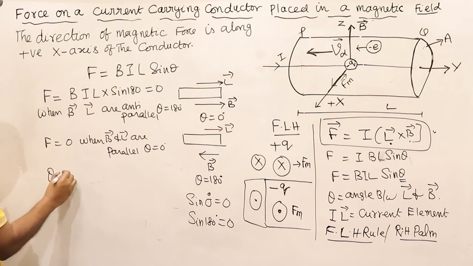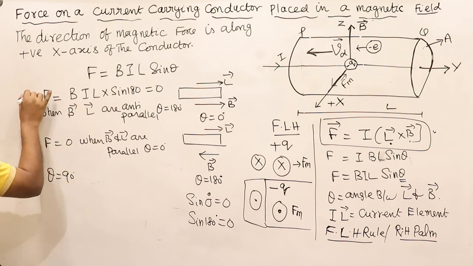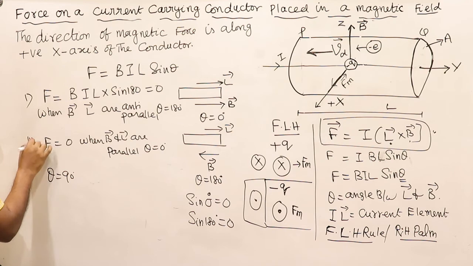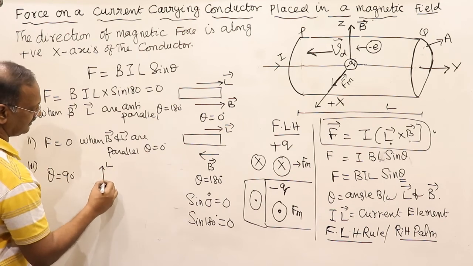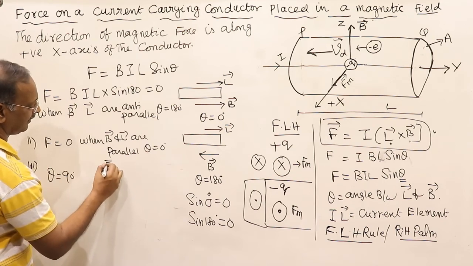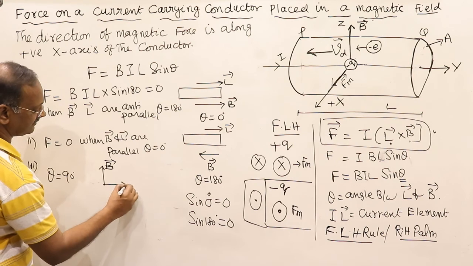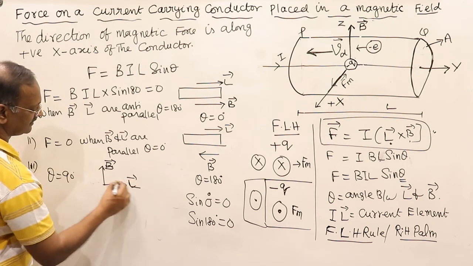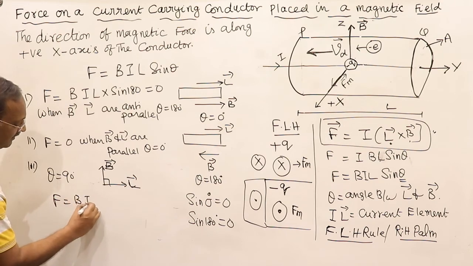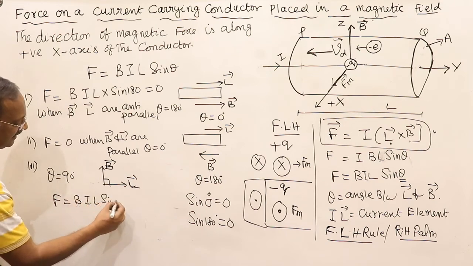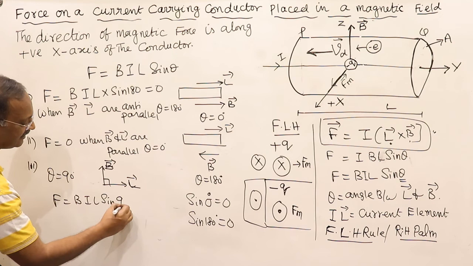Third case, theta is equal to 90 degree: this is the direction of magnetic field, and this is the length direction. So F is equal to B I L sine of the angle between B and L, sine 90.